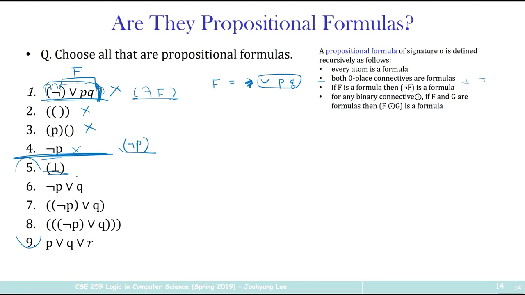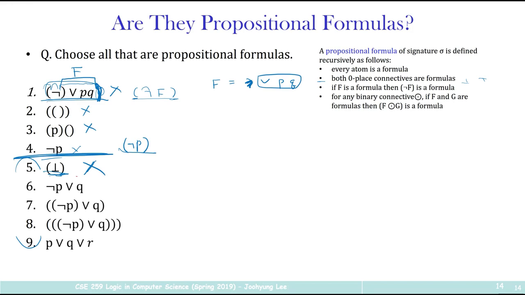What about the third case? In order to have the third case, you must have a negation, but this one doesn't have any negation. For the fourth case, it should have a binary connective, and it doesn't. So this is not conforming to any of the patterns here. If we write a program that checks the syntax of the formula and you ask it about this one, it gives a syntax error.